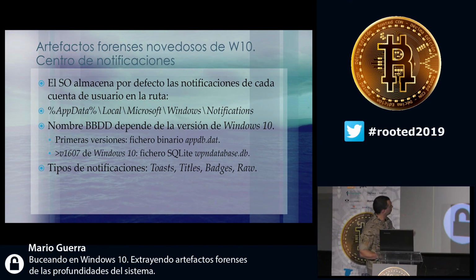Then we have the file where the notifications are stored. As we're working on this type of forensics, you can access the file directly. The first Windows versions work with a binary file called pp.dat, but since 1607 they changed the database.